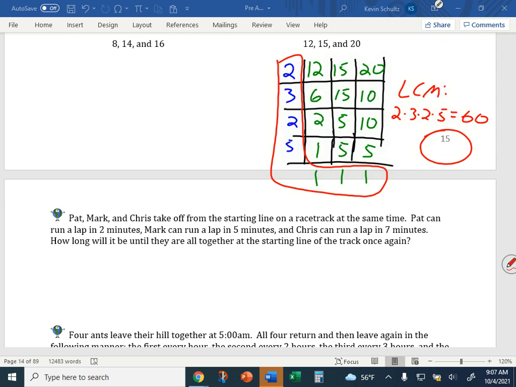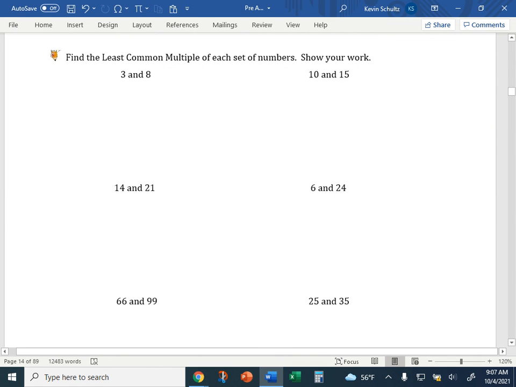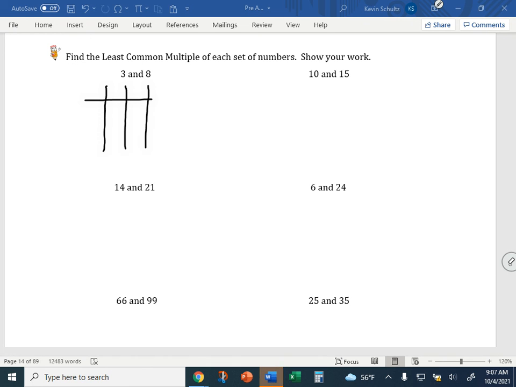So for greatest common factor, it would be a 1 here, which means you'd multiply 3 and 8 together. Evan brings up a question with 3 and 8 up at the top. Folks, using the grid method for 3 and 8, you'll notice that there is no number that goes into both 3 and 8.